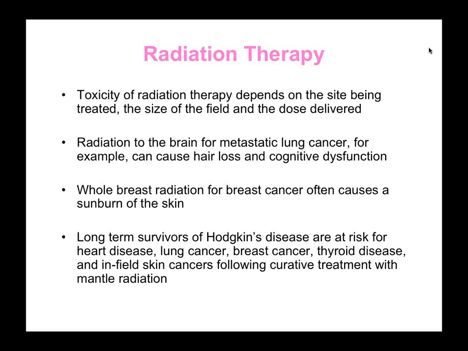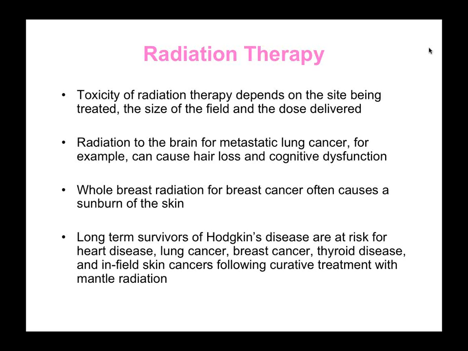So the side effects, just when thinking about them, they can be acute, meaning that they can happen during, or right after completion of the radiation, but sometimes these effects can be long-term. So a patient, for example, who has lung cancer that spread to the brain, radiation to treat that in the brain can certainly cause, in the short term, hair loss, but potentially over the long term, cognitive dysfunction, and that can be increased with increasing age.